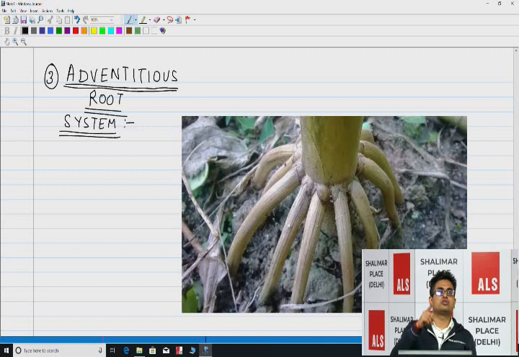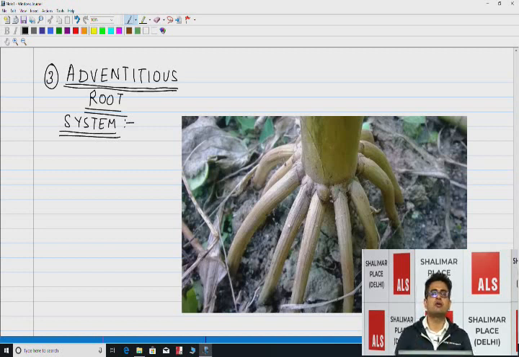So this root has not developed from the radicle or from the area surrounding the radicle. Such a type of root which can arise from any part of the plant except the radicle is called adventitious root system. I will repeat again. If you take a look at this picture, this is a special kind of root called the stilt root. Stilt root is a kind of adventitious root.